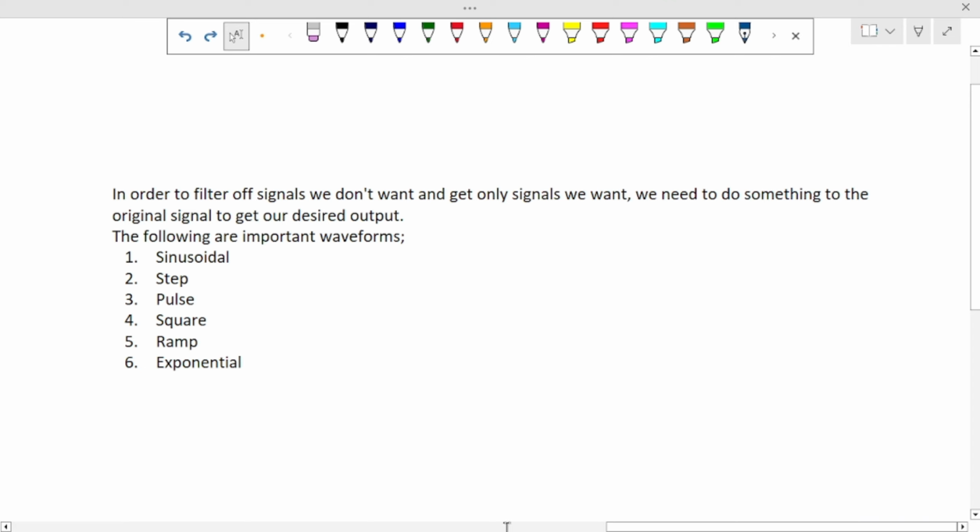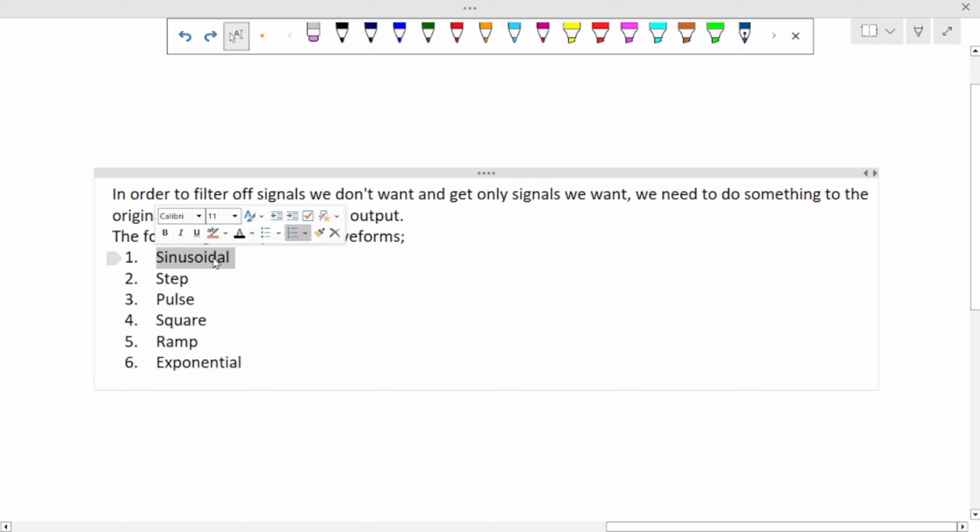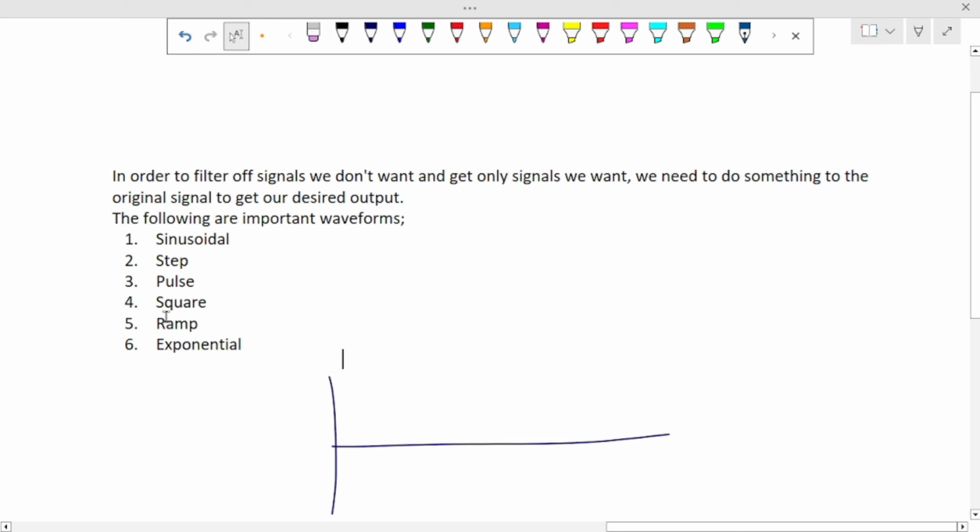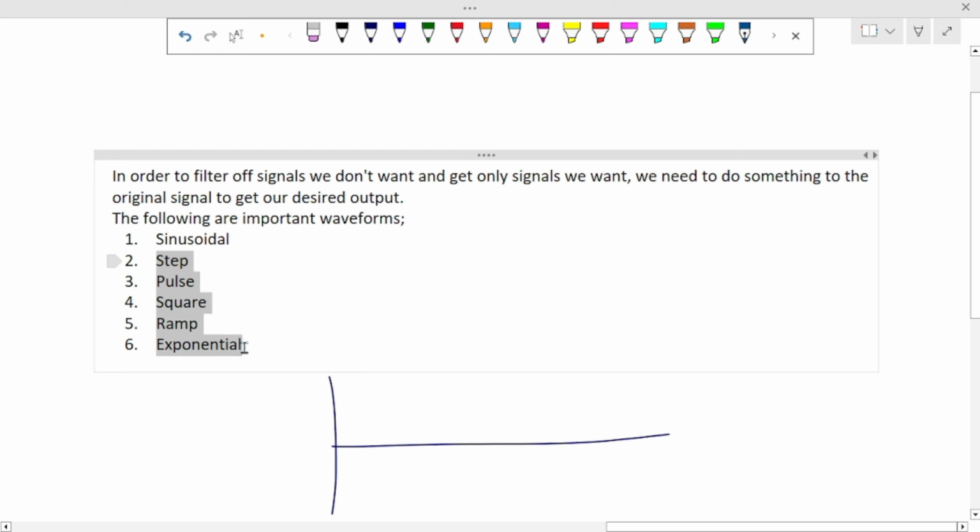So for sinusoids, if it goes through a linear network, it preserves its shape. For any other waveform, of course, every other waveform is non-sinusoidal.